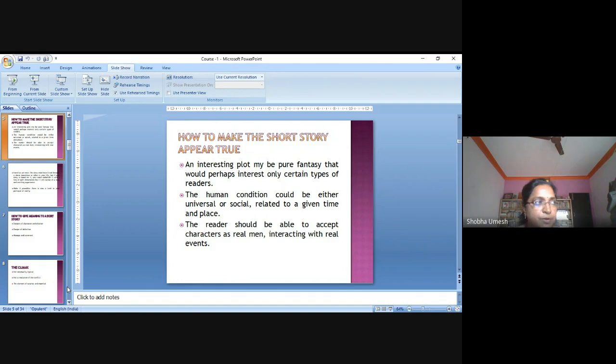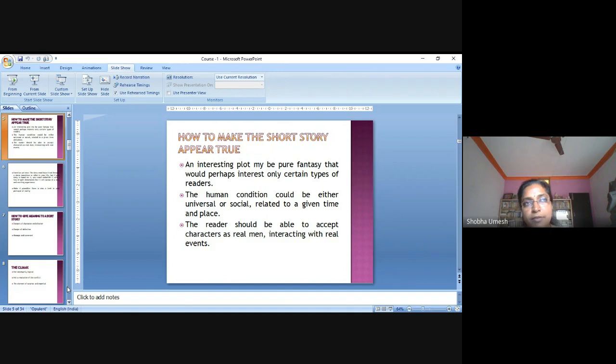The human condition could be either universal or social, related to a given time and place. When we write, we have to keep in mind the generation for whom we are writing. The age is very important, and we also have to keep the whole universe in mind, because we are not writing for a particular grade or class or group of people, but for the universal, or the society in which we are living.